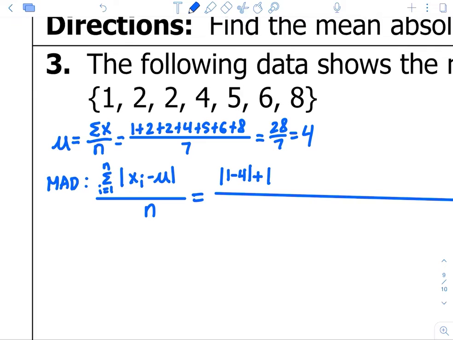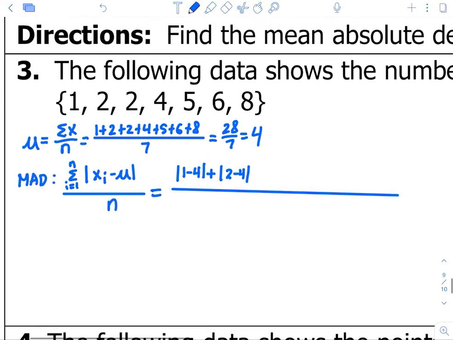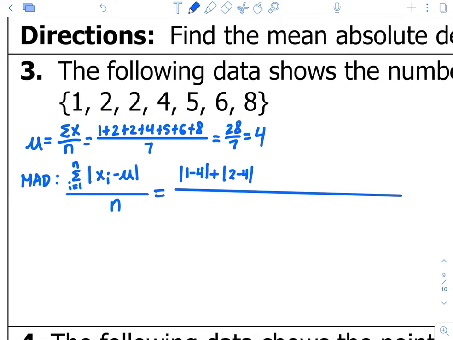That's x2, which is 2. So 2 minus your mean, absolute value. Our third data value is 2, so 2 minus your mean. Fourth data value, 4, so 4 minus your mean. Fifth data value, 5, so 5 minus the mean.